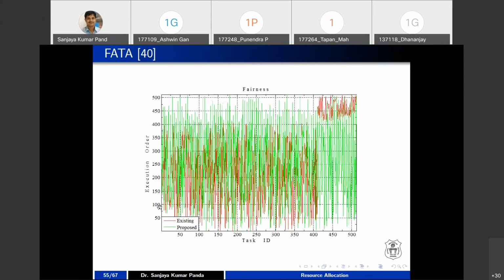In this figure, the red one indicates the existing algorithm, and the green one represents the proposed algorithm. The existing algorithm gives priority to advanced reservation leases.